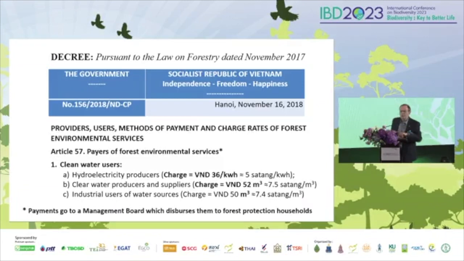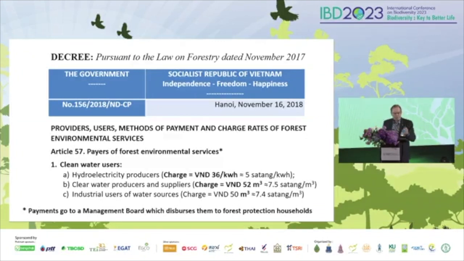Back now to Vietnam, and basically, because of the success of PES for clean water, for the hydropower companies, and for organic shrimp, the government of Vietnam recently produced a new forest law, and they made a decree which actually specifies the charges that should be levied on the users of ecosystem services.